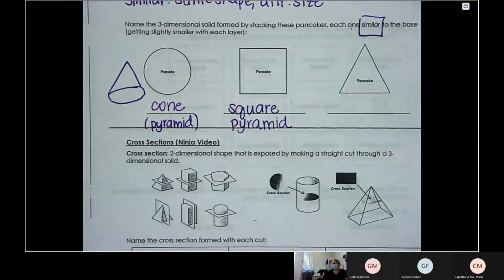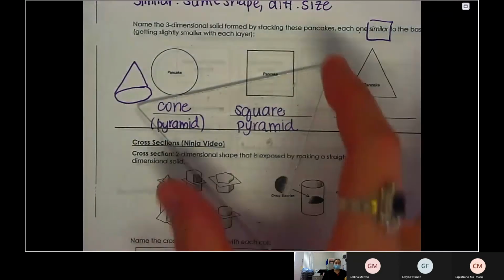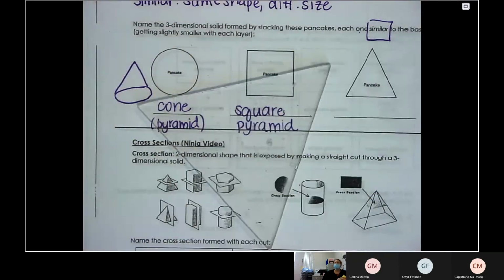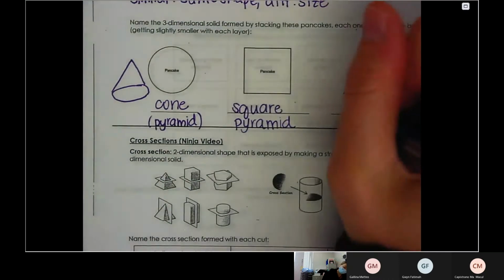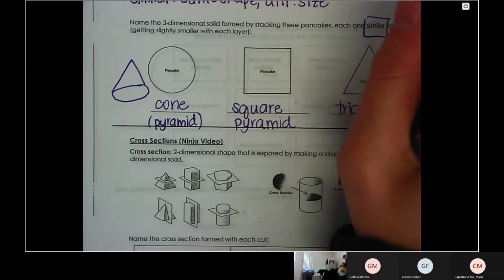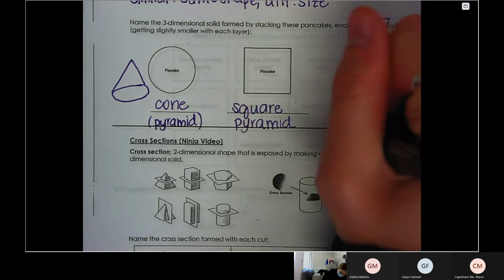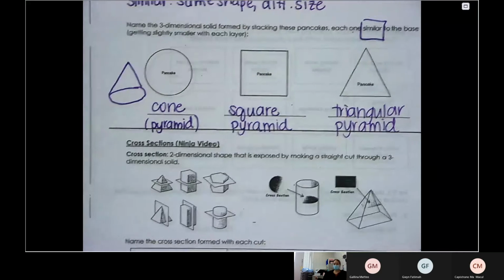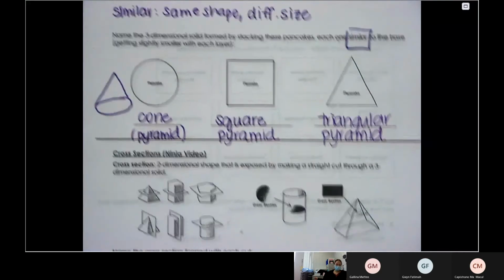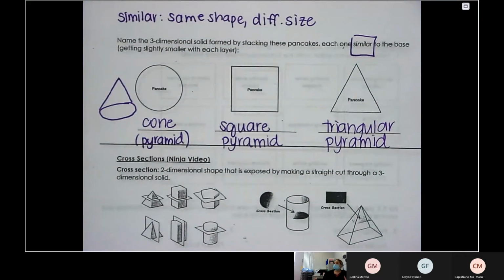All right, last one. If it's a triangle, and again, I stack them and they become smaller and smaller, so they come up to a point. What shape is that? Triangular pyramid. Good. Okay, so similar shapes always create what?